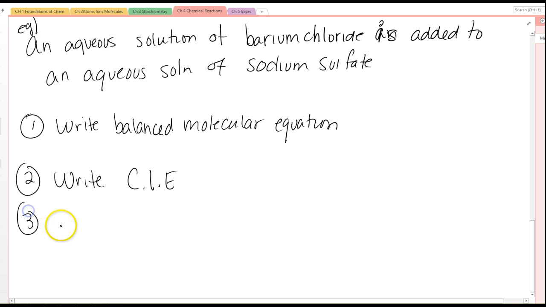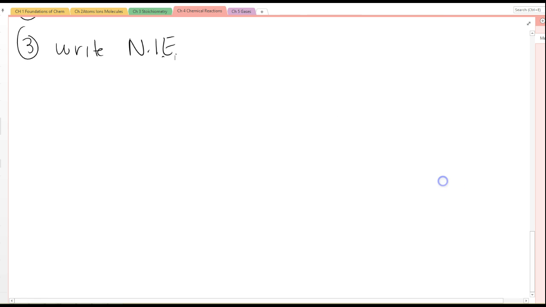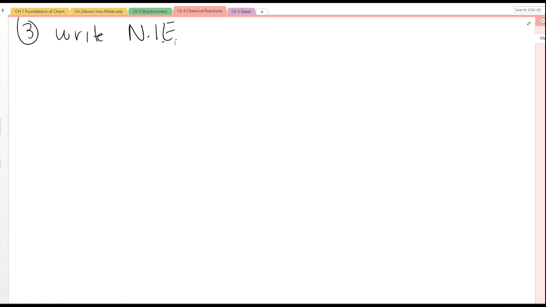And the third thing you need to do is write the net ionic equation for this example. So following the example I gave above, I'd like you to come to class tomorrow with a complete ionic equation and the net ionic equation written for this example problem. You can pause and do that now or come back and do it later, but it needs to be done for class.